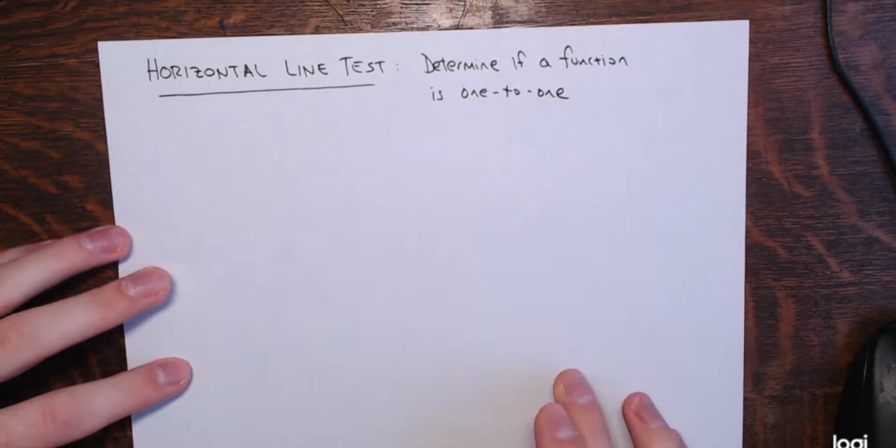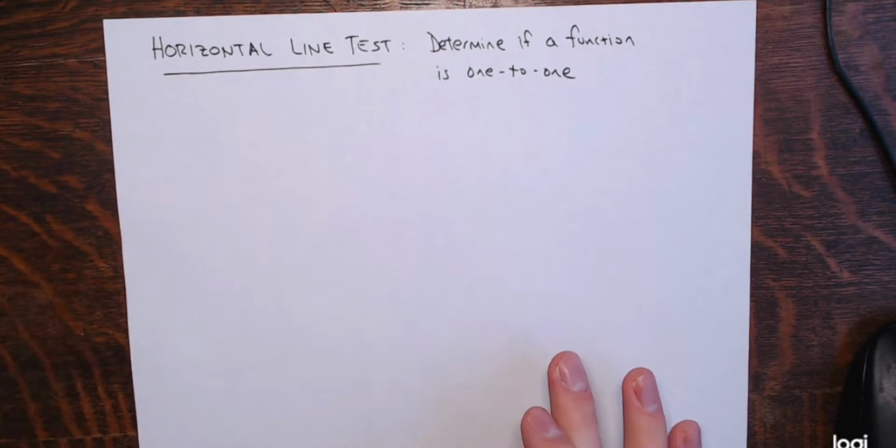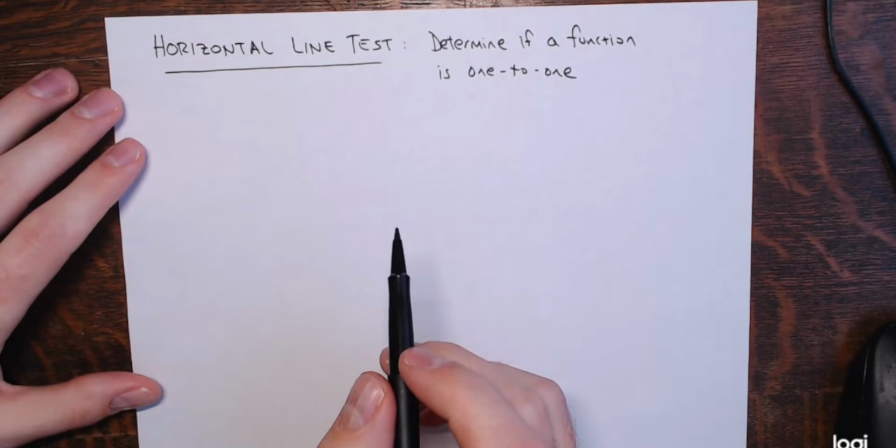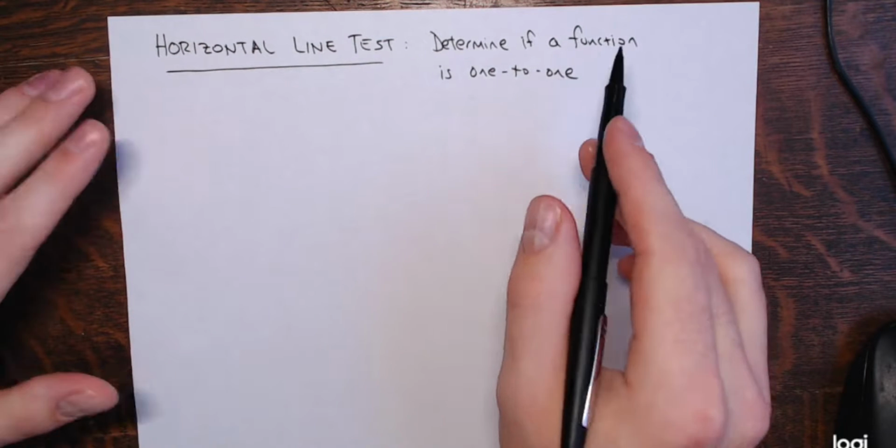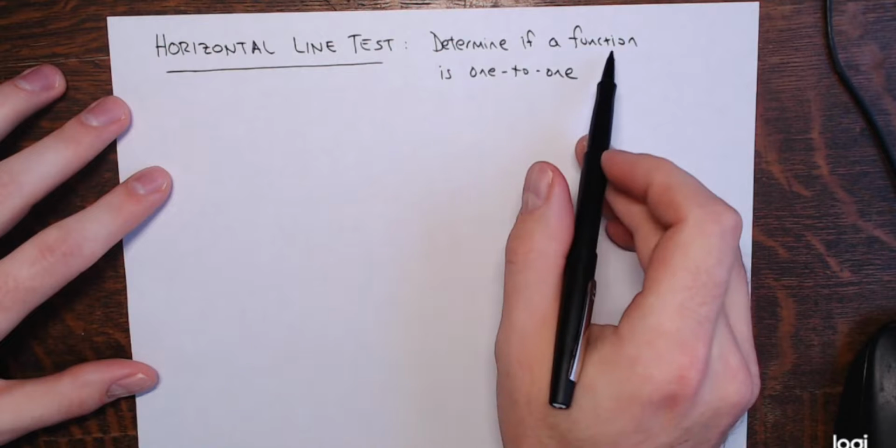Alright, so first you would use the vertical line test to see if the graph even represents a function in the first place. Because if it doesn't represent a function, then it can't be a one-to-one function, right? In order to be a one-to-one function, you have to be a function first.